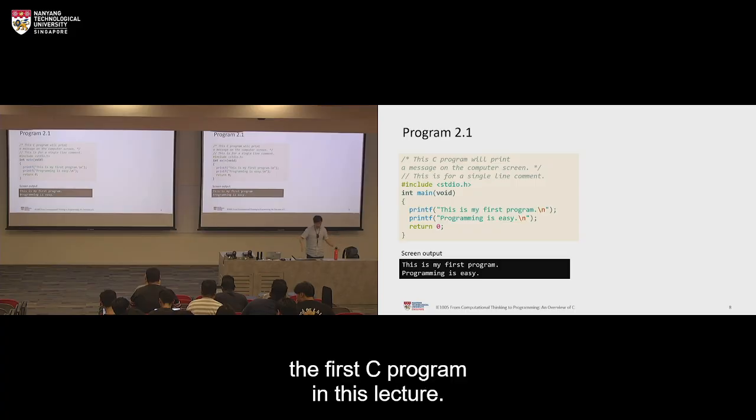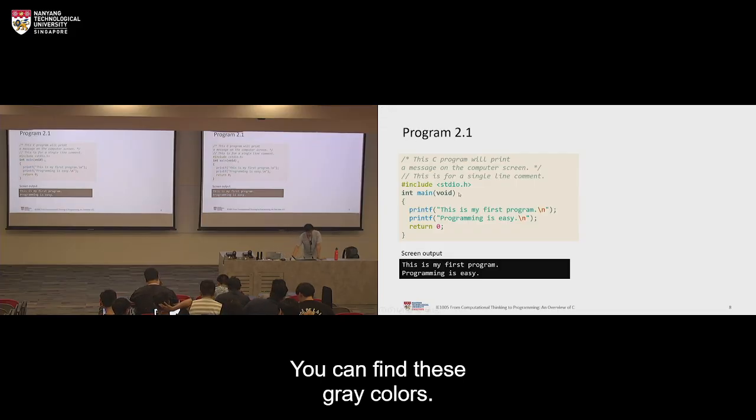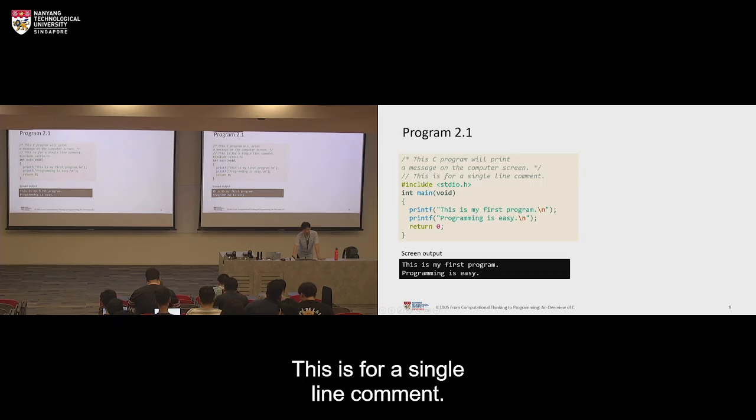All right, finally, this is the first C program in this lecture. Program 2.1. Okay, so you can find these gray colors. You can read that this C program will print a message on the computer screen.